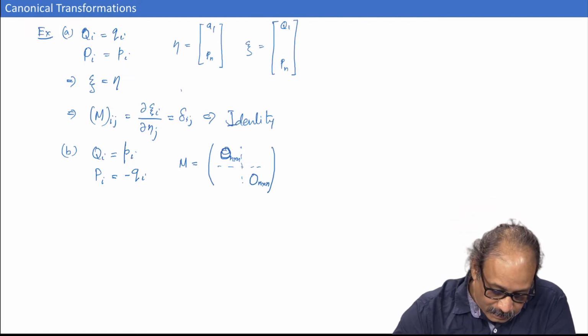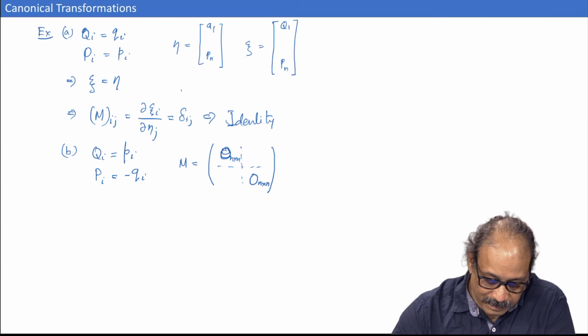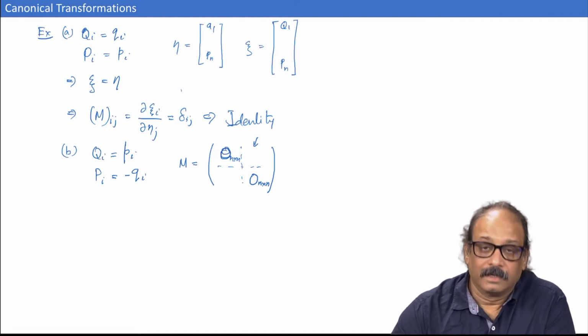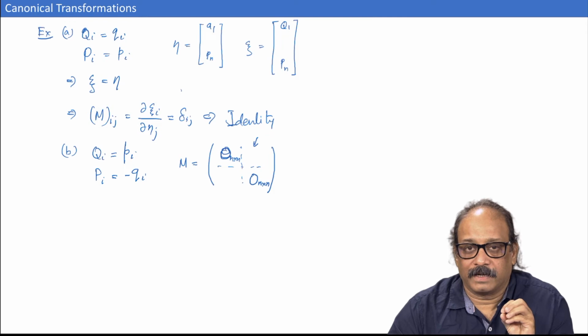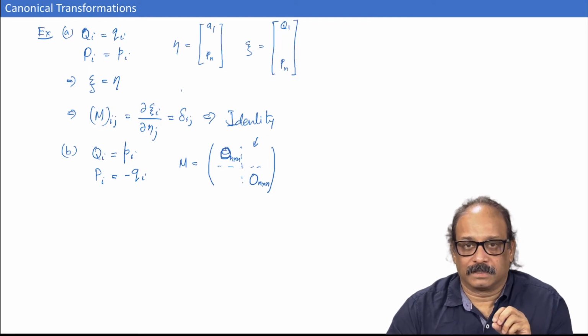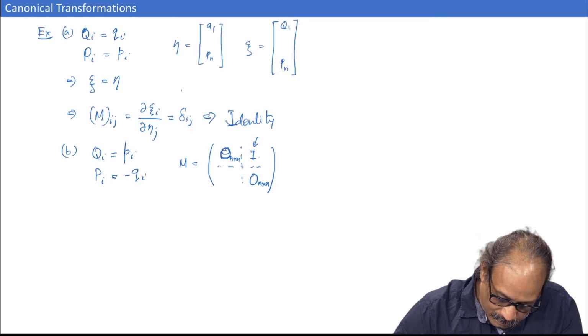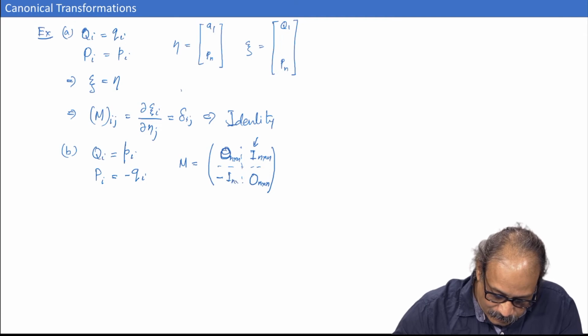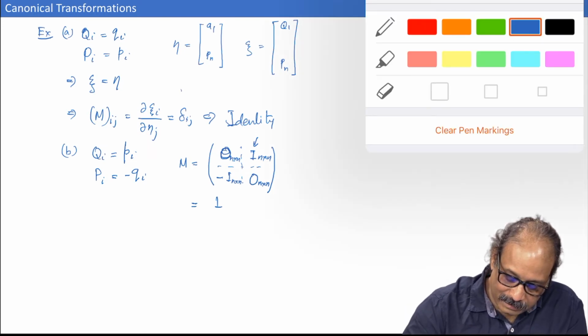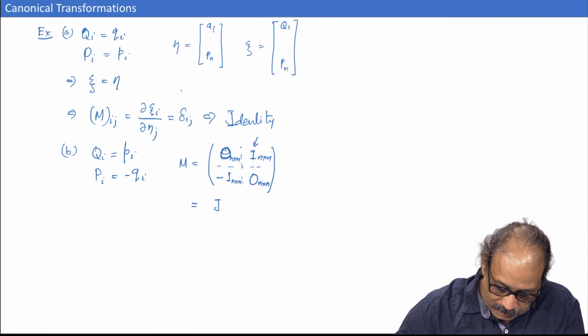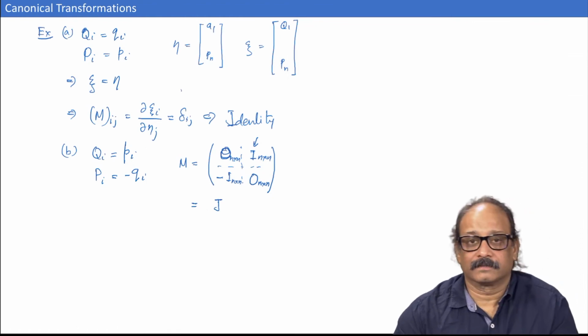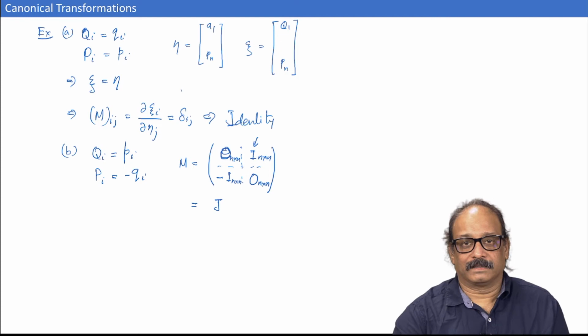And then what goes here are the entries which are the partial derivative of q with respect to p. So, that would be I n by n, and that minus sign will give you I n by n here. Oh, this immediately tells you that this is exactly equal to your J matrix, and J matrix is symplectic by itself.